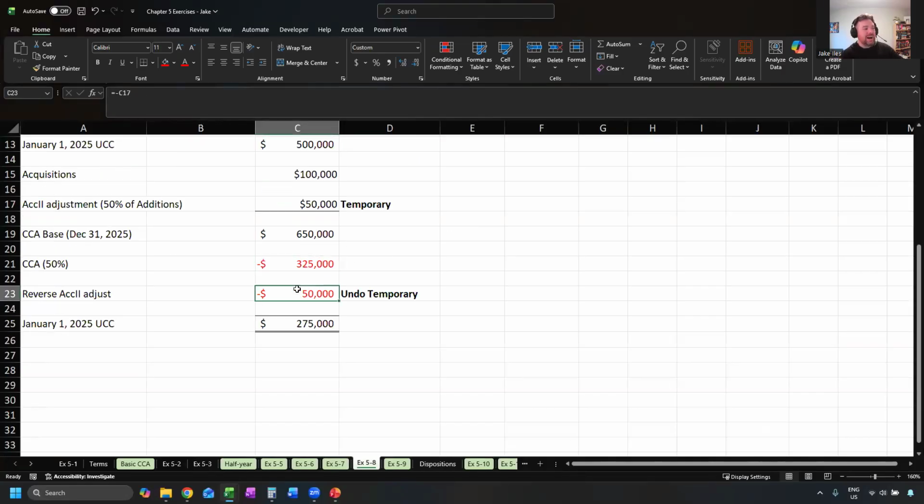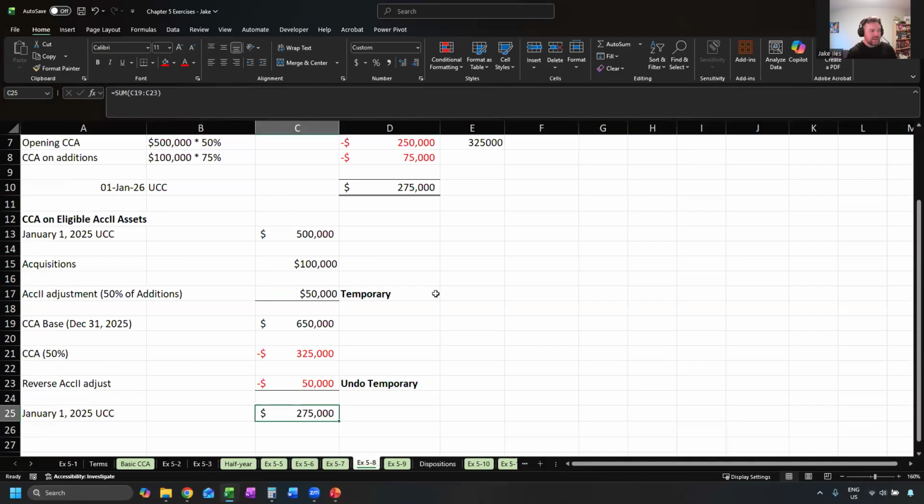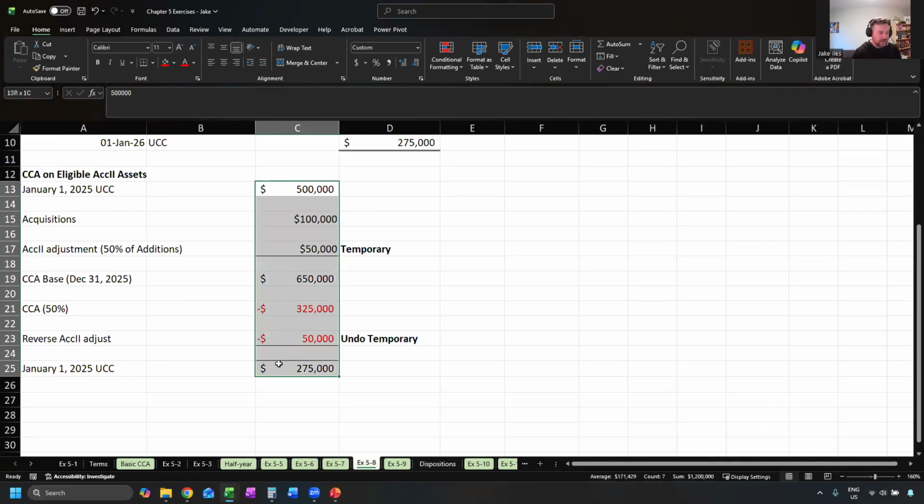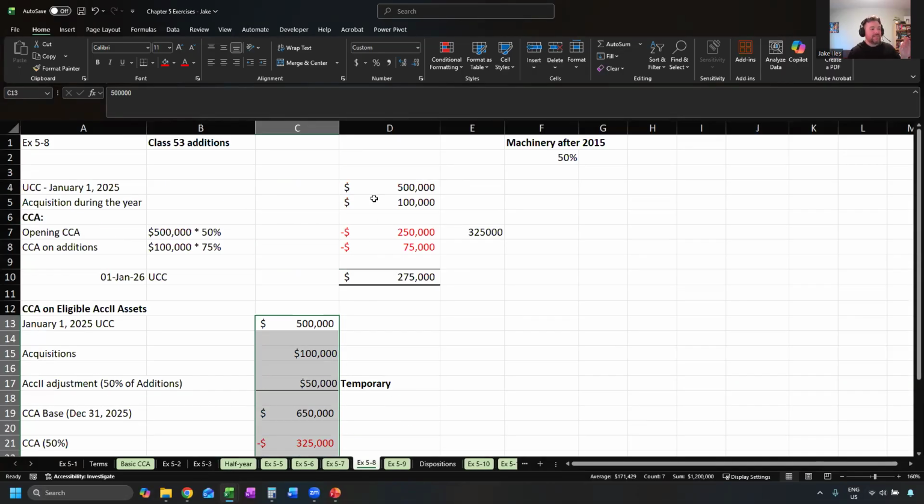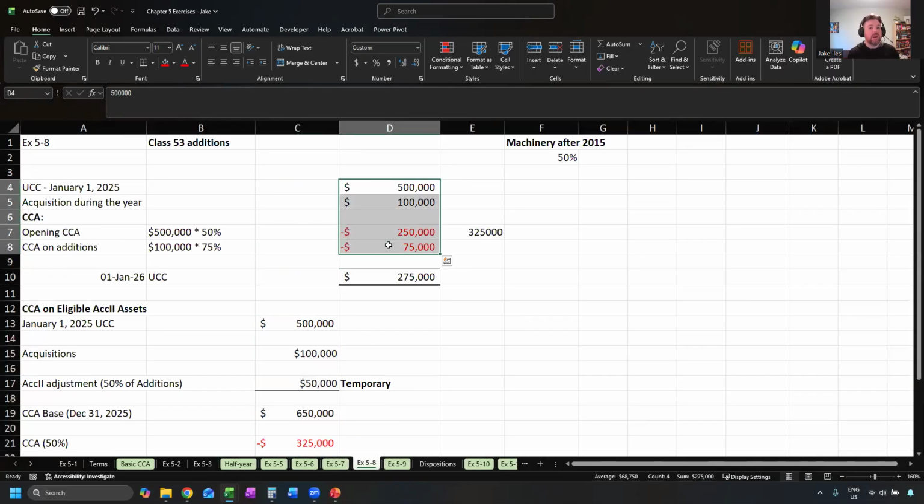And then we need to undo the $50,000 adjustment to our UCC to get us back to that 275,000. If you have questions on how this is working, I'm willing to answer them. Just email me. This is the way it's done on the tax return. I find that for students, this way is more understandable. It gets us to the same result. Our combined CCA will still be 325. Our UCC will still be 275 at the end of it.